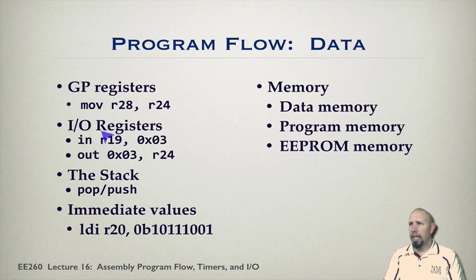That's specifically for I/O registers, and there, when you choose a register, you actually need to choose the I/O address, not the memory address. Remember, there's a difference of 20. So this would be memory address 0023, but it is I/O address 0003.